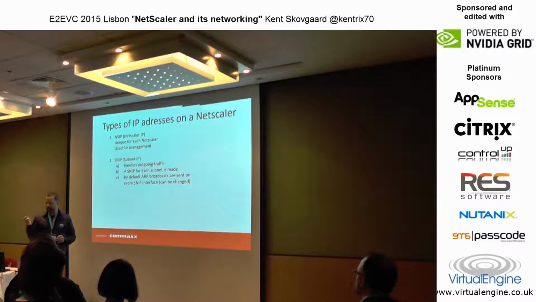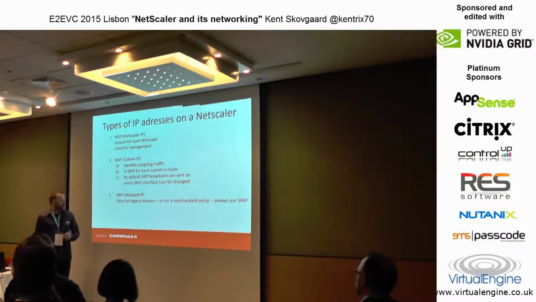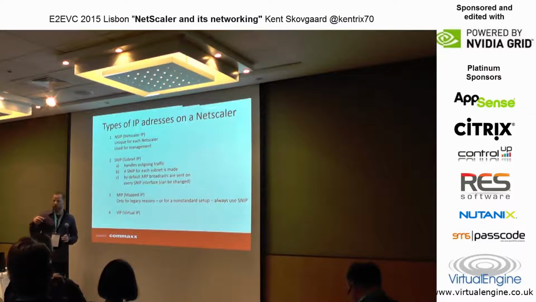So you could imagine what problems could come out of that, right? The mapped IP is a legacy way that's not used a lot anymore. So use SNIP. VIP is a virtual IP, which is a service. You can use it for incoming traffic, incoming requests for services, and it's bound to specific services.